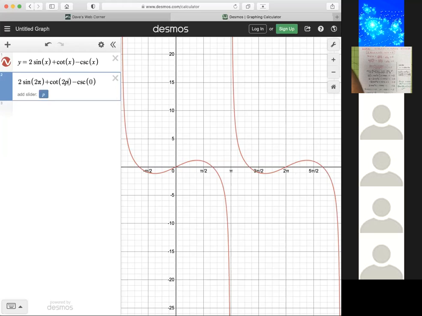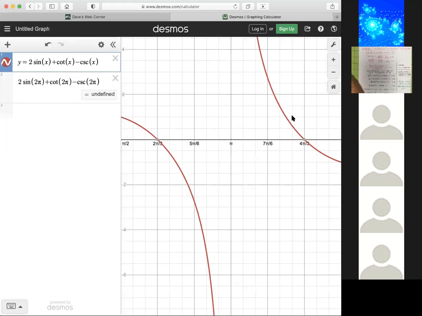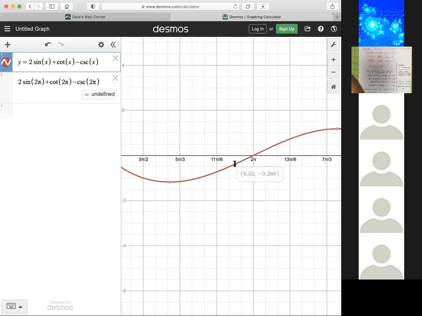Okay, so you got to be careful even if you're using the calculator to back you up. Okay, it admits when I type it in that it's undefined. But look at that graph. It does not tell me that that's undefined at 2 pi.